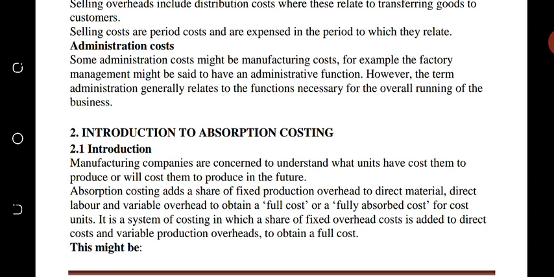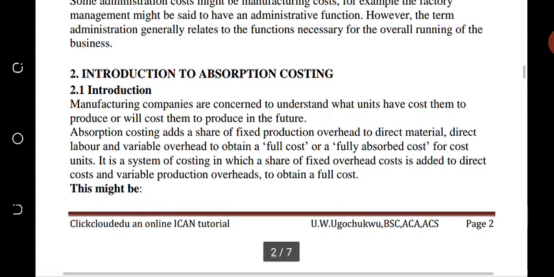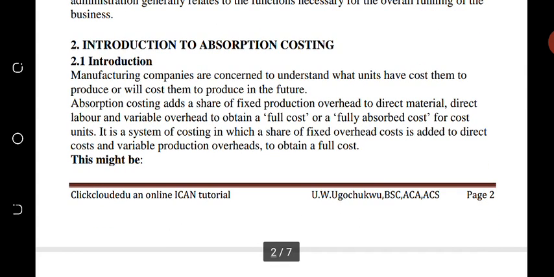Introduction to absorption costing. Now let's talk about absorption costing. Manufacturing companies are concerned to understand what units have caused them to produce or will cause them to produce in the future.